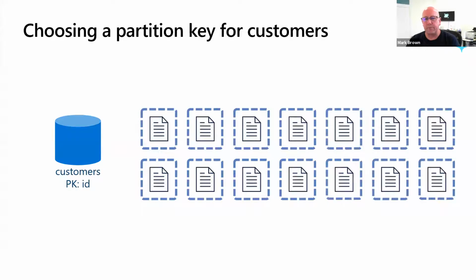Now, I want to point out that when you're using the ID as the partition key in a database like Cosmos, we end up with as many logical partitions as there are documents in the container. Each document is actually its own logical partition. Most people kind of freak out about that and say, hey, is that okay? But it's actually perfectly fine.